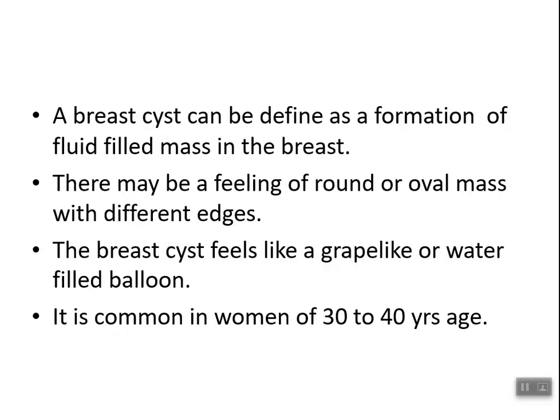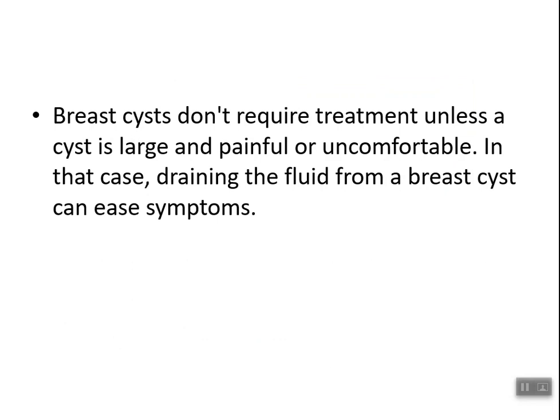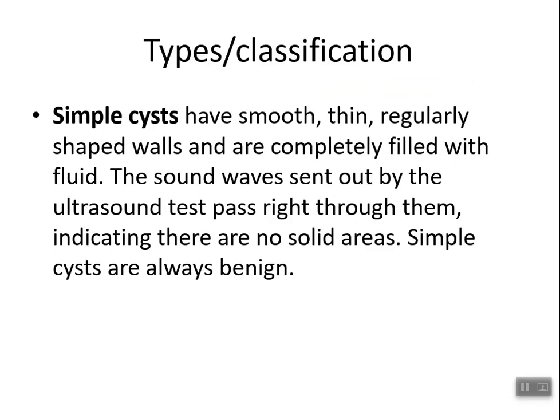A cyst can be defined as a formation of a fluid-filled mass in the breast. It is round or oval in shape, grape-like or like a water-filled balloon, and common in women of 30 to 40 years. They do not require any treatment and will relieve by themselves.